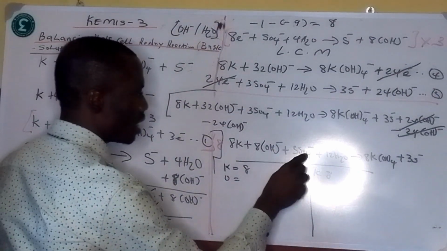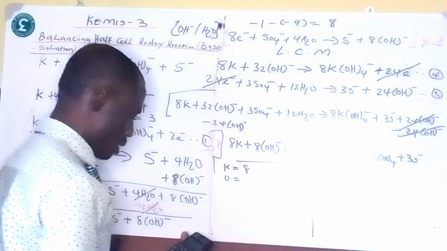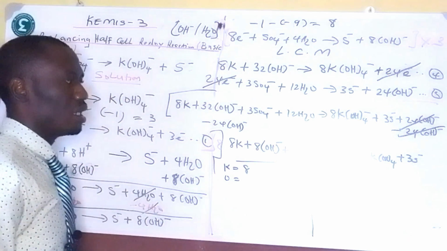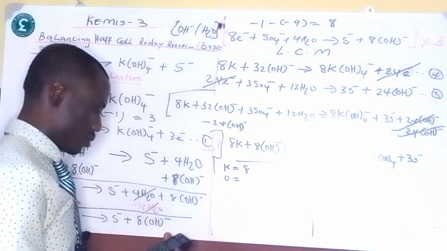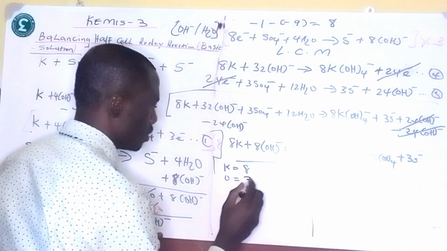Then 20 plus 12 times 1, that is 12. So I have 32 oxygen at this side.